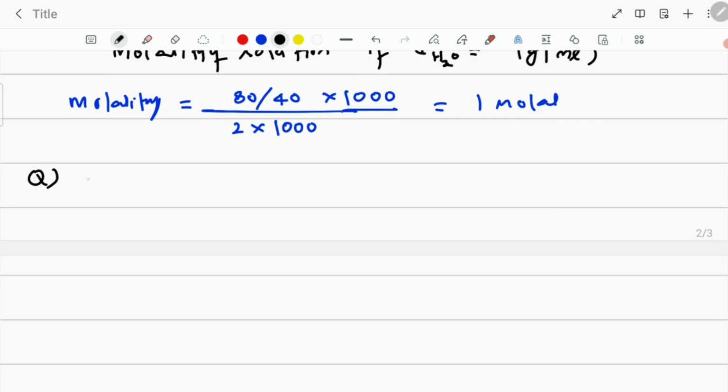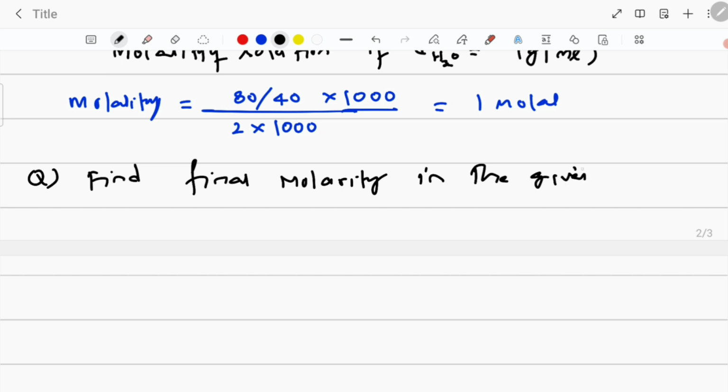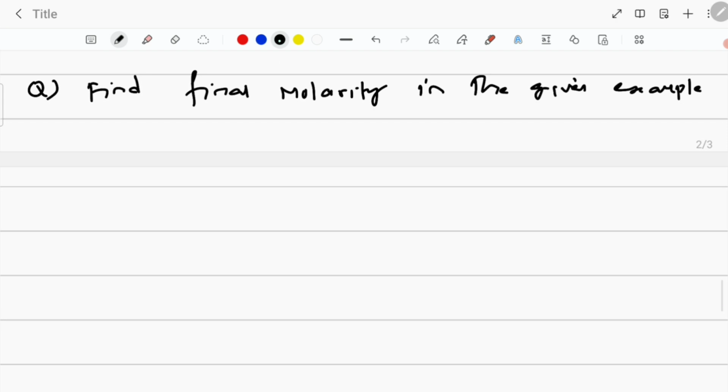Next question. See how they asked many questions; similar patterns were asked in JEE Mains. Find final molarity. Here the pattern you see is when two solutions having the same solute are mixed, to find the molarity of the resultant solution we have to use a method.